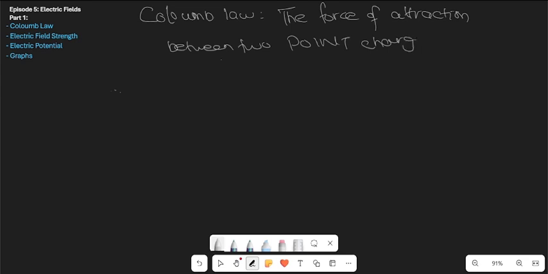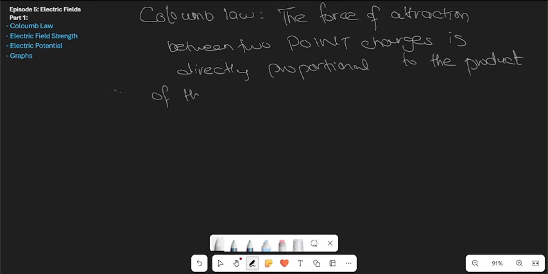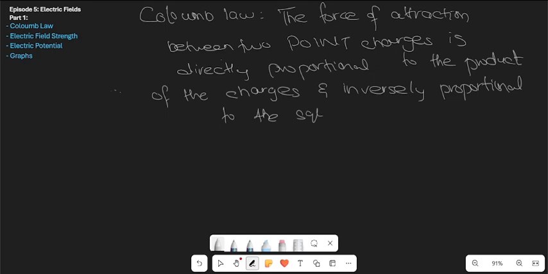The force of attraction between 2 point charges is directly proportional to the product of their charges and inversely proportional to the square of their separation.